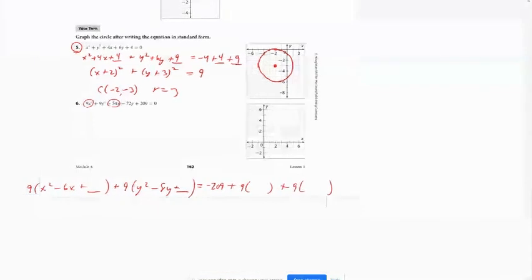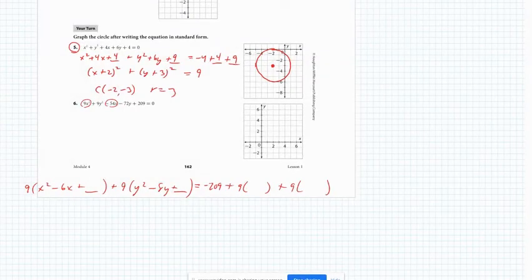And so go ahead and see if you can finish that problem off, complete the square, find the center and the radius, and then graph your circle. So to complete the square here, we're going to have plus 9, and then here we're going to have 16 and 16.